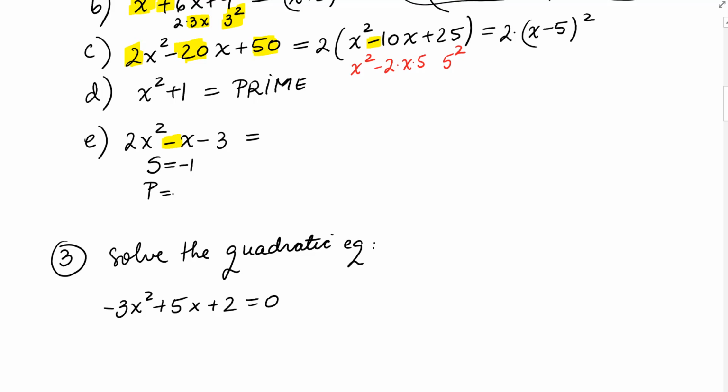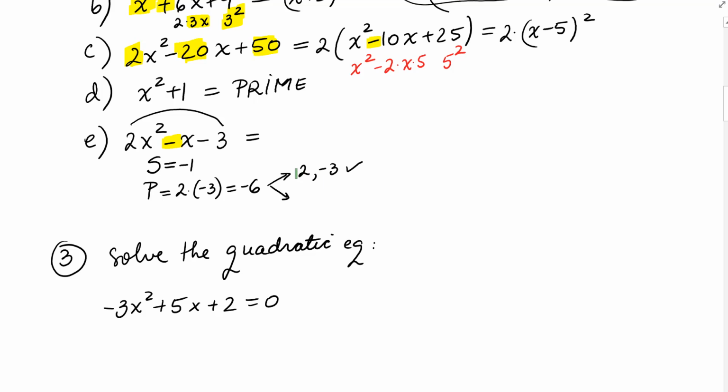And the product is actually the product of 2 times -3. That's -6. So we try to figure out some pairs that have the product. We look at the product first. So 2 and -3, and if we actually add them together, they give us -1. So we started on the right foot. We found exactly the numbers that we need.